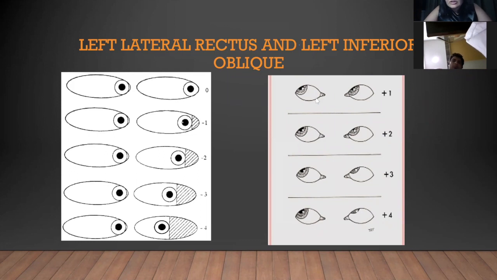This is just elevating a little, it's +1. If it goes more up, it's +2. Almost at 90 degrees is going to be +4. Okay. It is not a very absolute test. It is a very subjective test. However, this is the only way we currently test it. Okay.